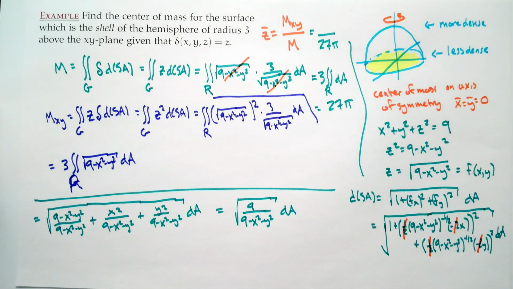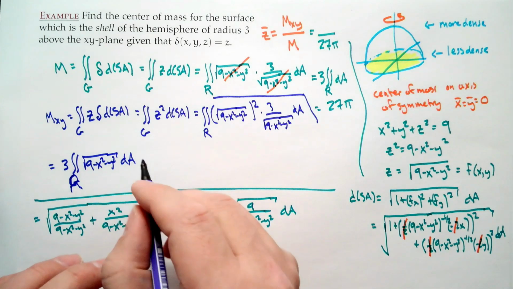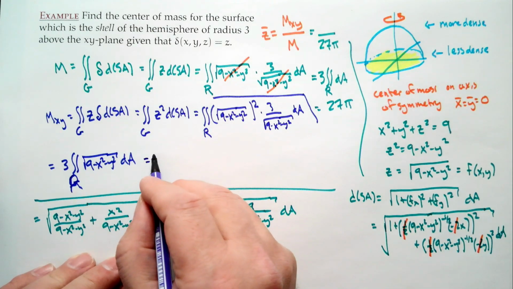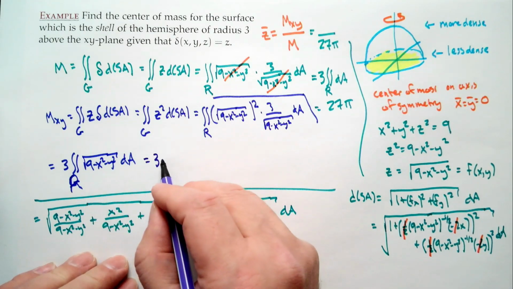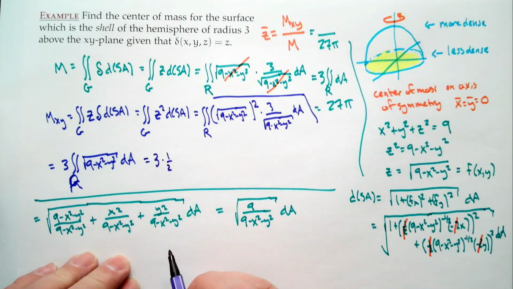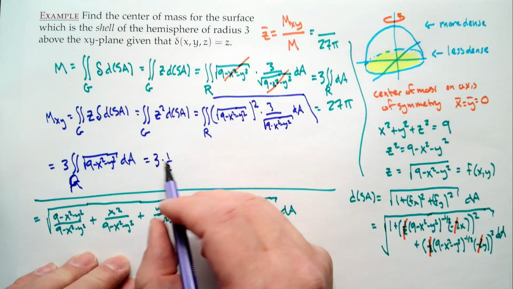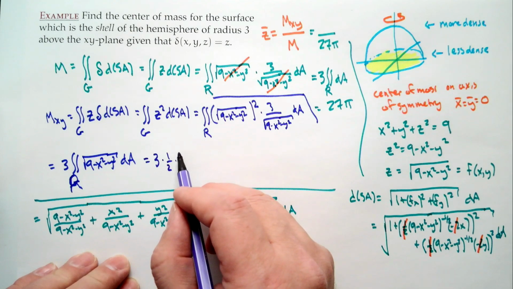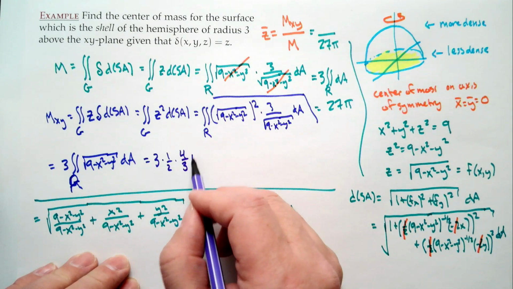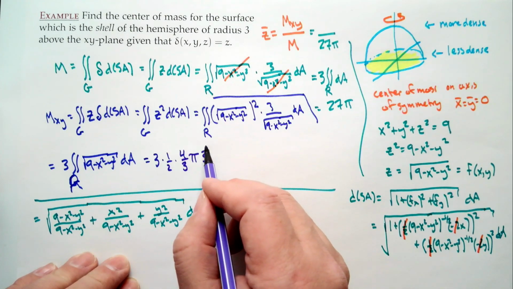Now, if you don't like to do that, you can go ahead and do integration in polar. You'll get to the same place. So if we use the fact that I can interpret this integral in a convenient way, namely it's half of the volume of a sphere of radius 3. So there's 3 times a half. The volume of a sphere is 4/3 pi r cubed.